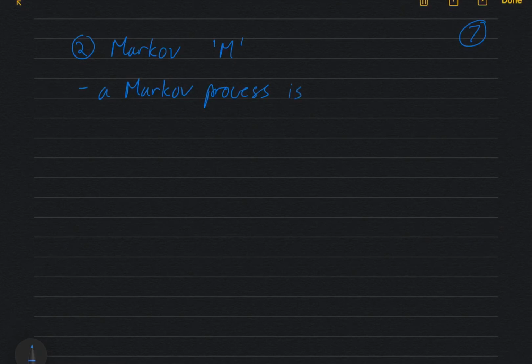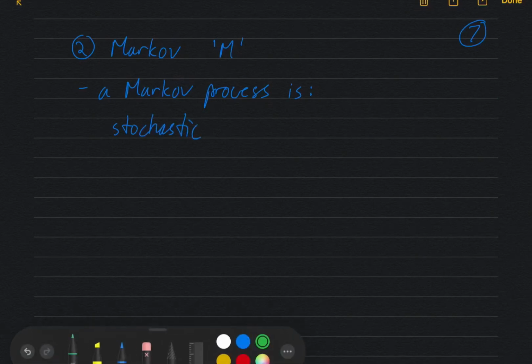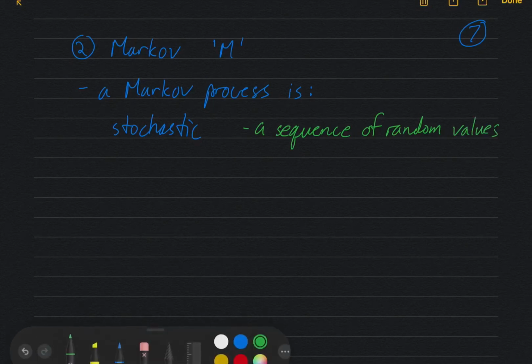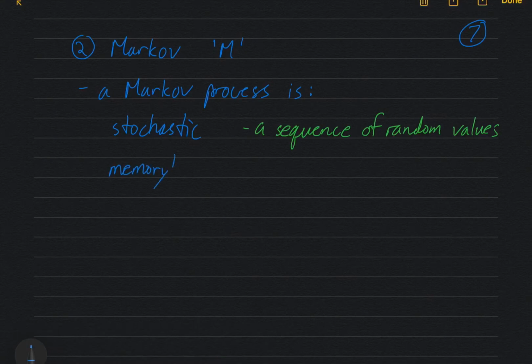So it is two things: stochastic, which means, let's do this in green, a sequence of random values, and it is memoryless.